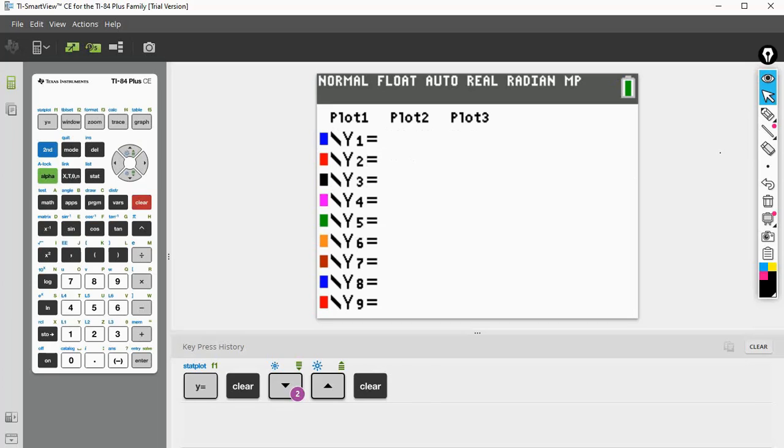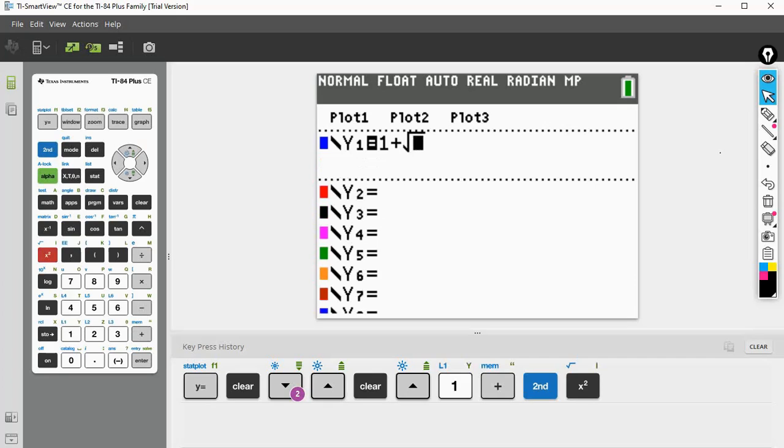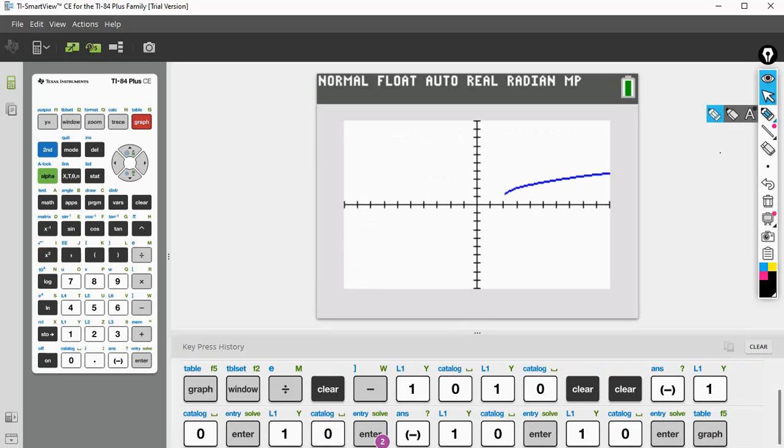There. And then I'm going to plug in the function that we want to see graphically. So we said it was 1 plus the square root of x minus 2. So there we go, and then you hit the graph button.